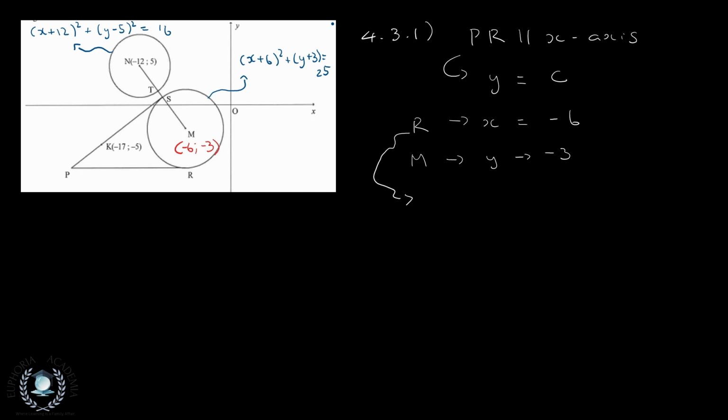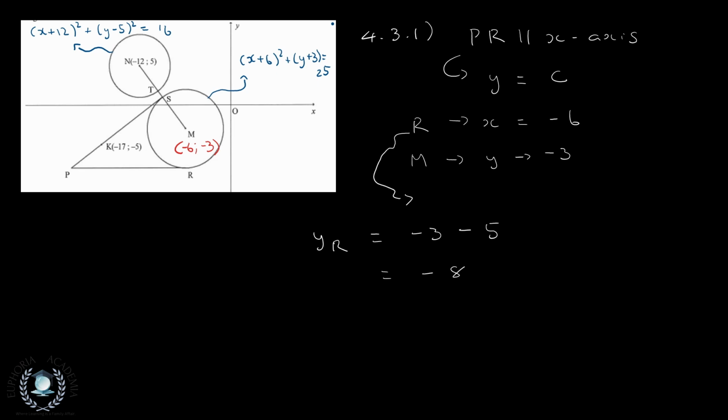So the y coordinate of R is going to be minus 3 minus the radius of M, which is 5 units, or minus 5, and that will give us minus 8.